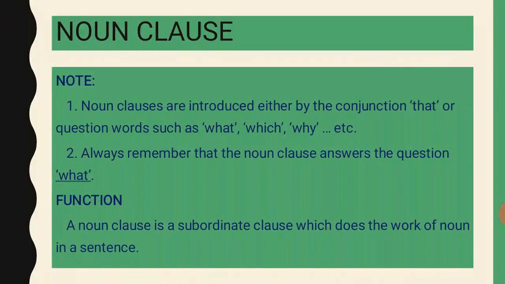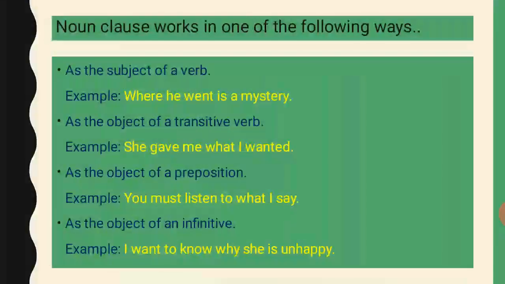So see the examples, then you can understand. A noun clause works in one of the following ways. First, as the subject of a verb, for example, where he went is a mystery. Second, as the object of a transitive verb, for example, she gave me what I wanted.